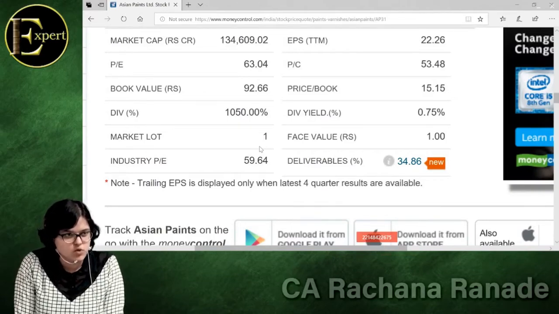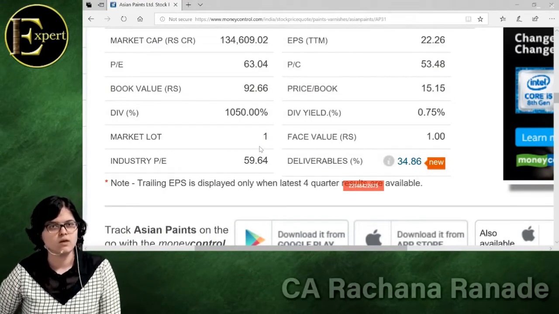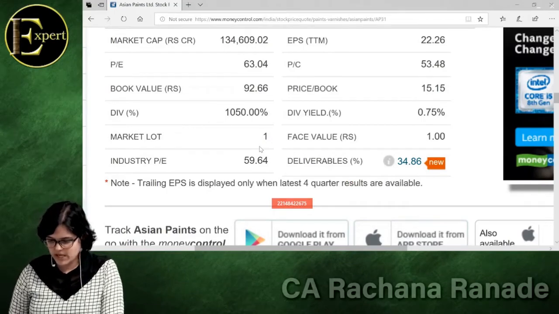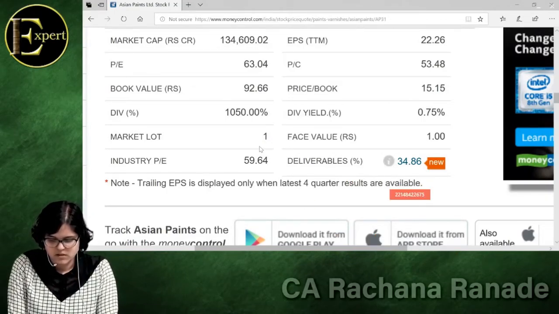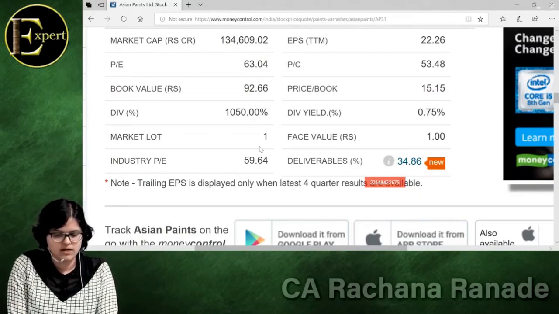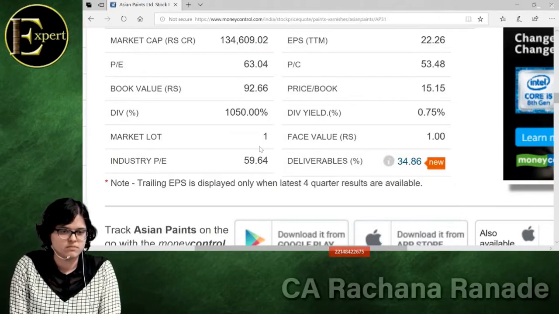An investor should always compare. I'm dictating, just write down quickly. An investor should always compare the company's PE with industry PE. Company's PE with industry PE. Full stop.